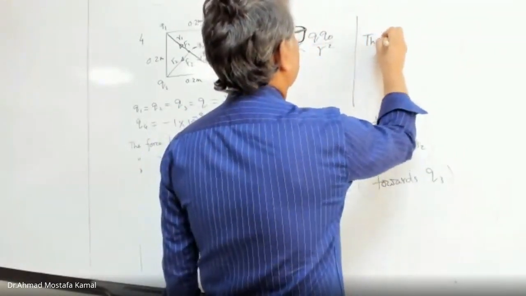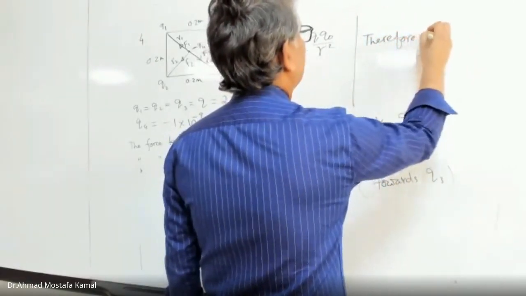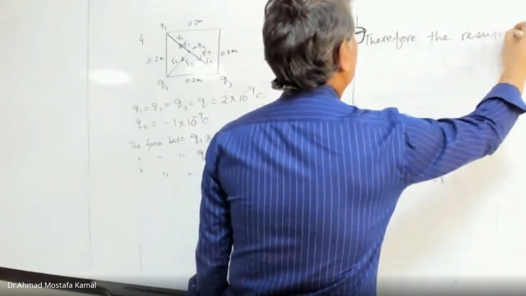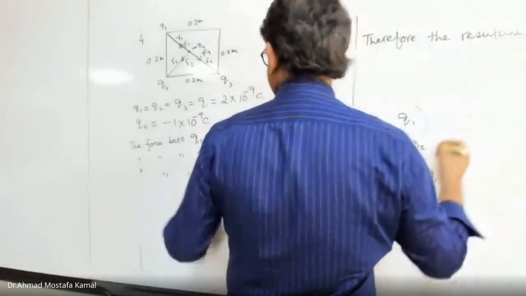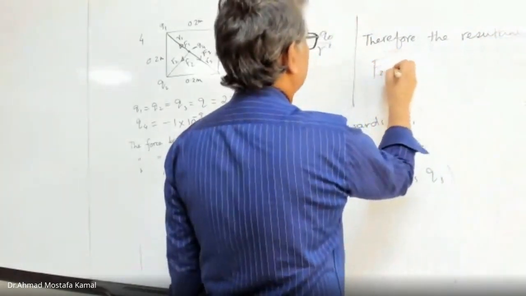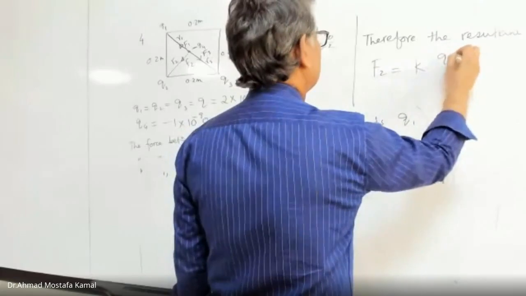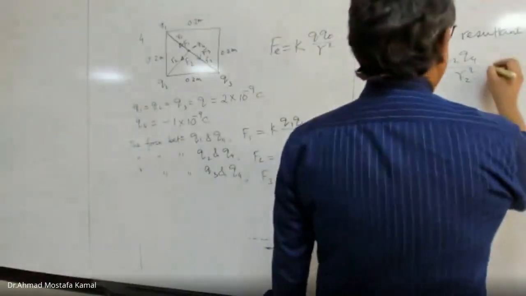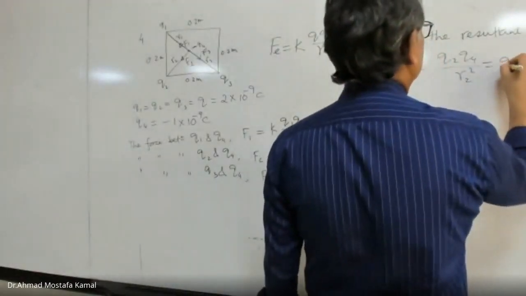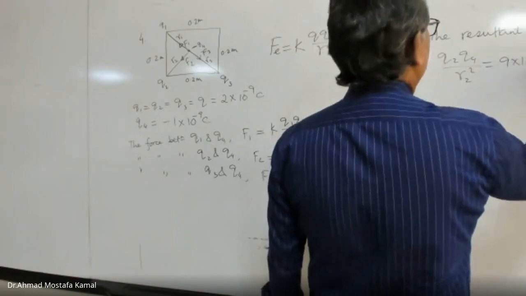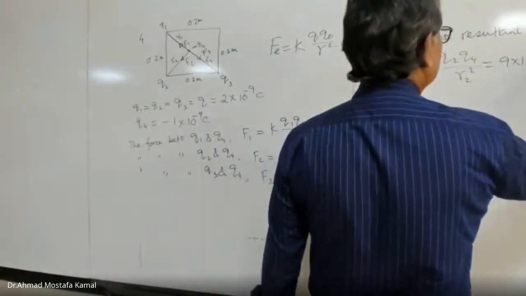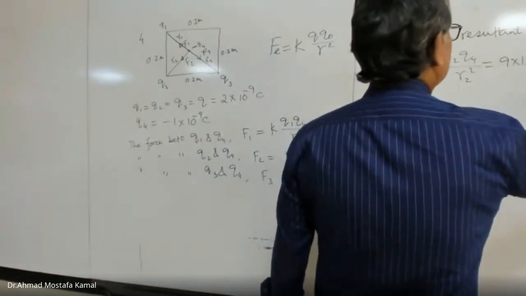Therefore finally the remaining forces, therefore the resultant force is only F2 equal to K Q2 Q4 by R2 square, and you can just put the value 9 into 10 to the power 9 into Q2, Q1, Q2, Q3, all of them are equal, 2 into 10 to the power minus 9, and Q4 is 1 into 10 to the power minus 9 divided by R2.